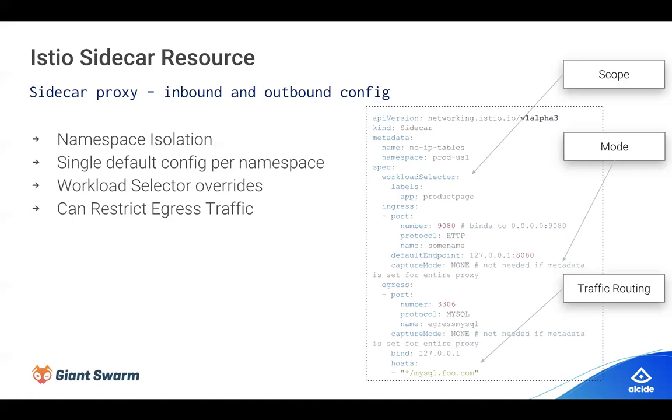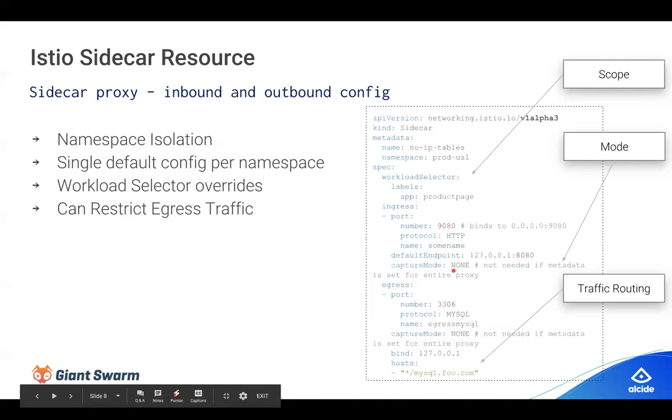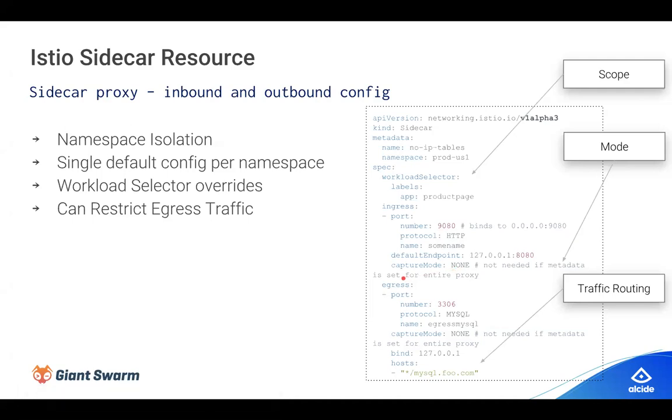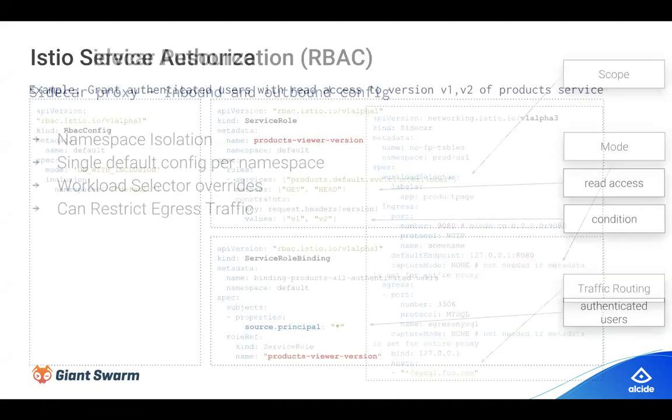In that case, it is wide open to the outside world when there is no redirection implemented at the IP tables level. And you can see that the capture mode is mandated by the capture mode attribute on this resource. So it's new to 1.1, brings in a lot of enhancements, and it's really good to see how Istio really matures as far as the resources go.